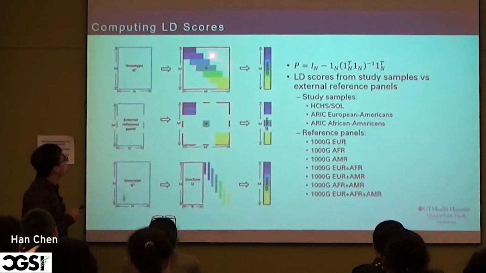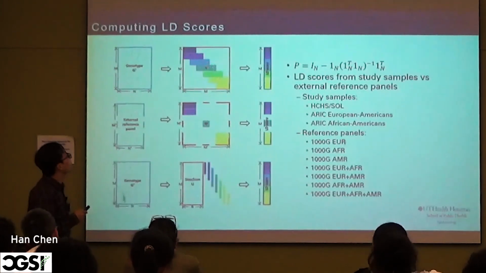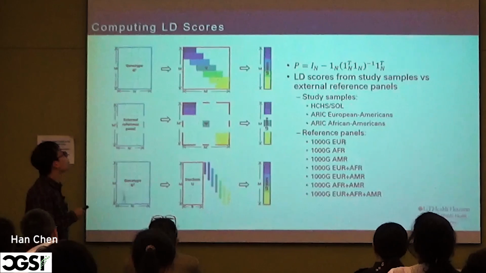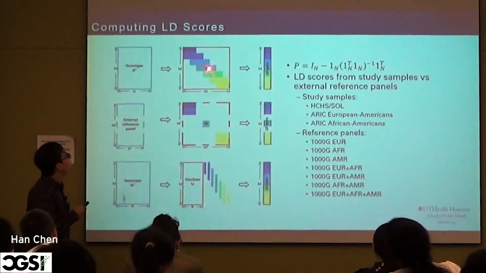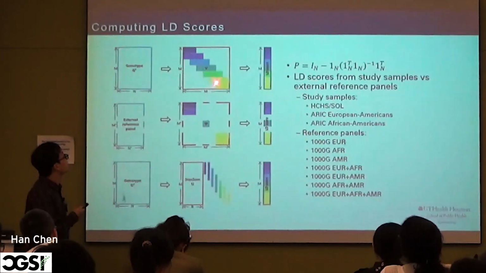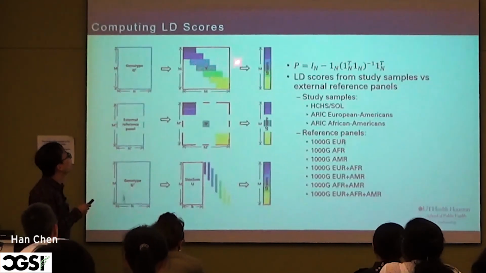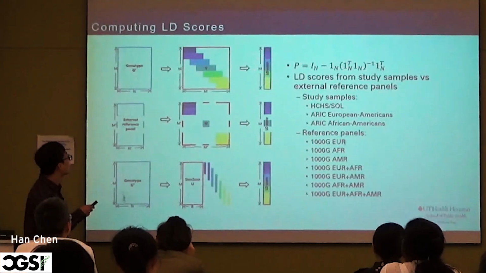Typically we would compute the LD first, and then the LD score was defined as the sum of squares of the LD between all the adjacent SNPs and the tag SNP or the index SNP, usually within a 1 million base pair window, right? So you have these windows, and then you add them together, you get the LD score.